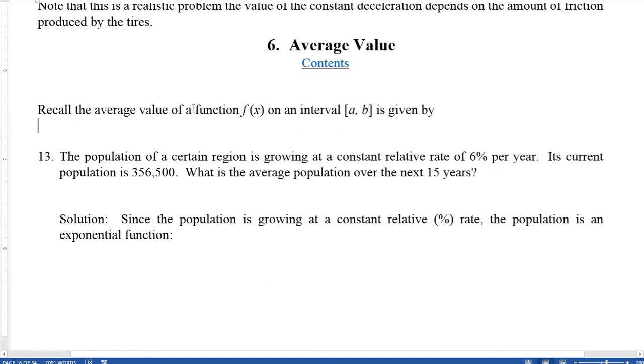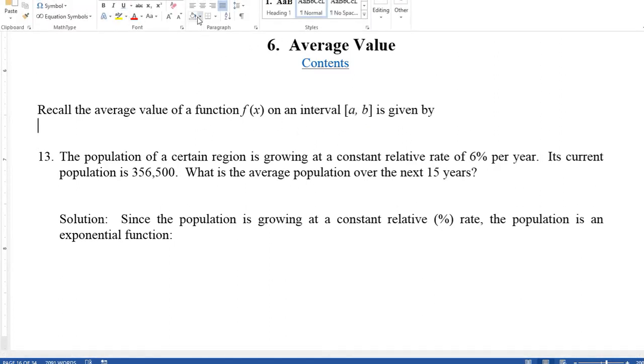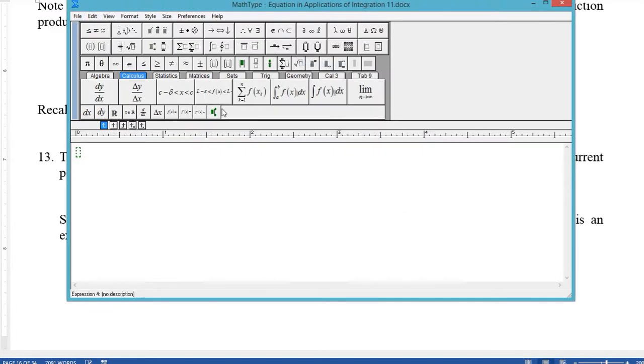You do that integral and you multiply by 1 over the length of the interval, which is b minus a. And this is f average.